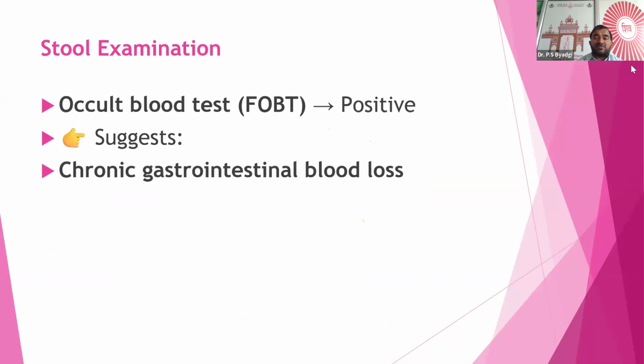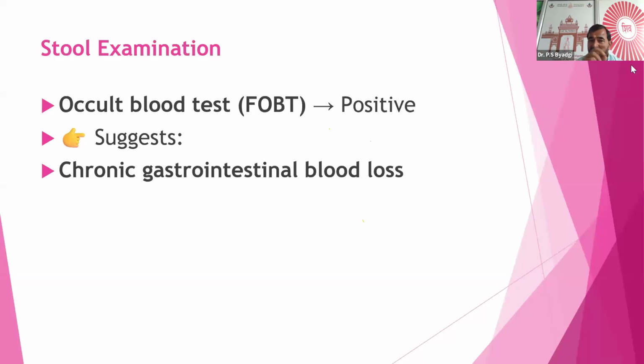Again, this also makes an important clue for the diagnosis of iron deficiency anemia. The occult blood test was also positive. That indicates that there is chronic gastrointestinal blood loss. This is a very important clue for the patient who had episodes of vomiting for one day, then gradually developed fatigue, restlessness and breathing difficulties.